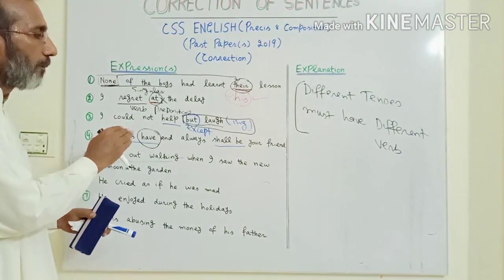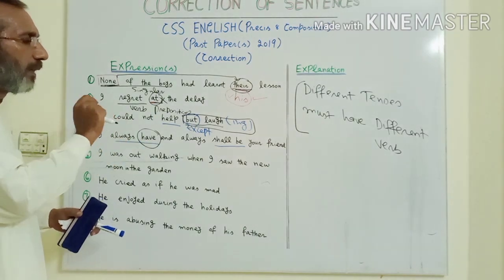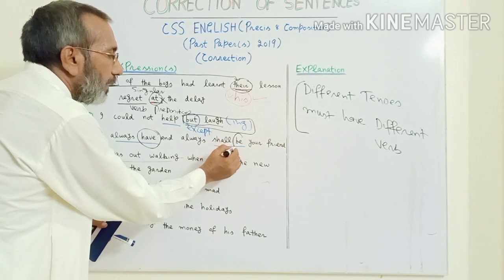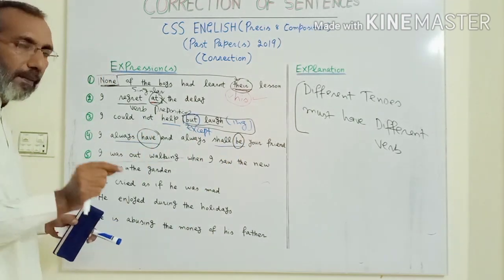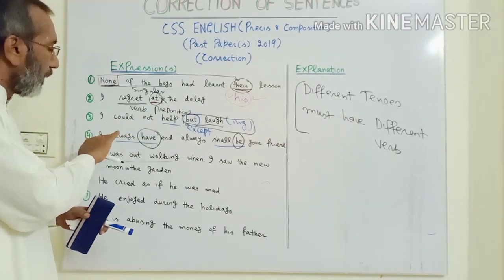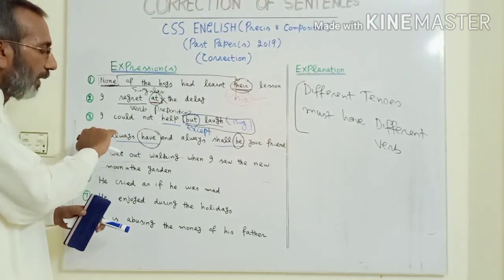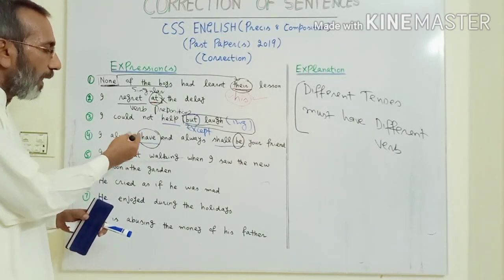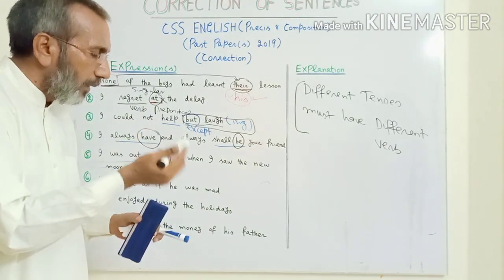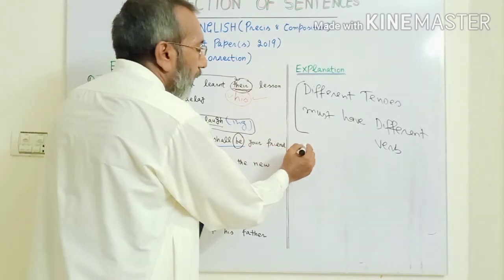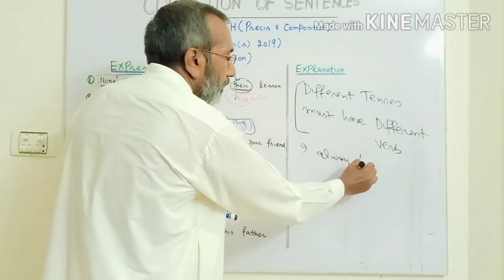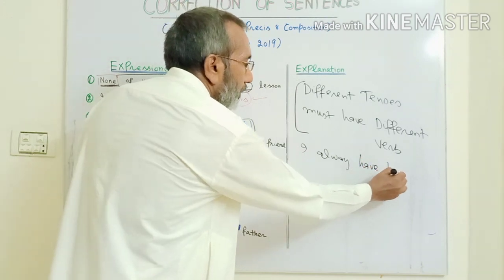Look, this expression is a bit difficult in the sense that the words be and have are not being used in the routine sense. So you actually want to say, I always have, and you want to show that straight. The correct form would be like, I always have been.